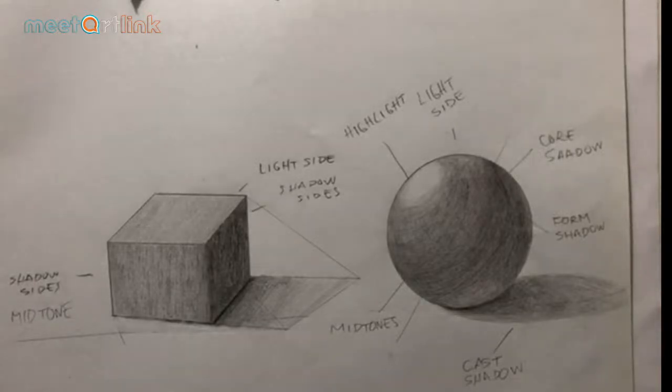And when we're doing our shading in our illustrations, we wanna be thinking about this. We wanna be thinking about, okay, where is my core shadow? Where is my animal having the darkest point? Where is my highlight? Highlight can also give a lot of life to a drawing.